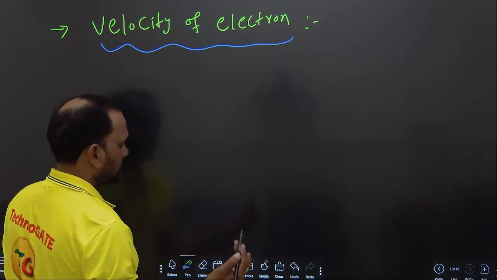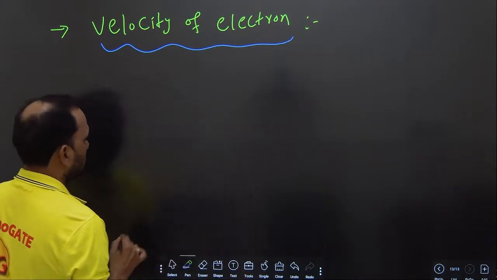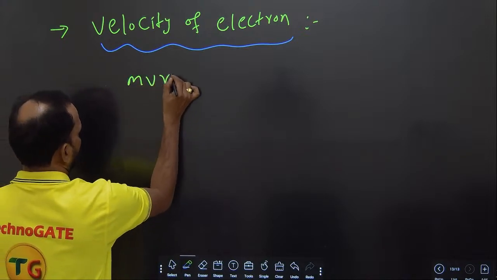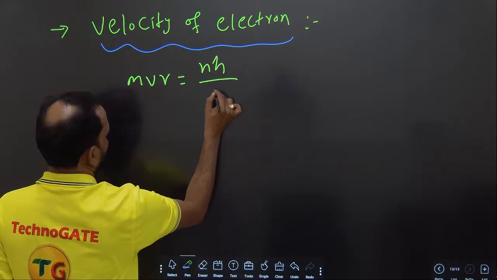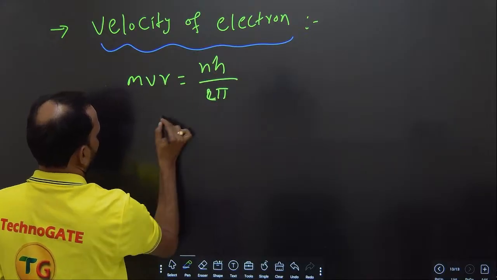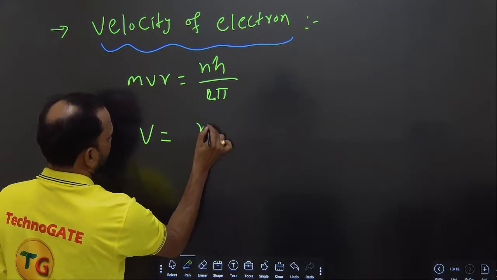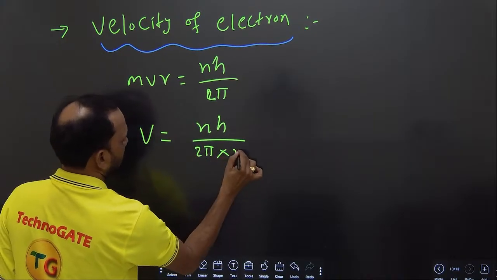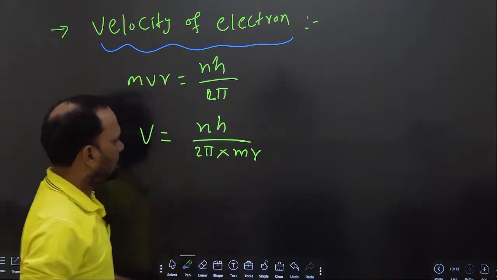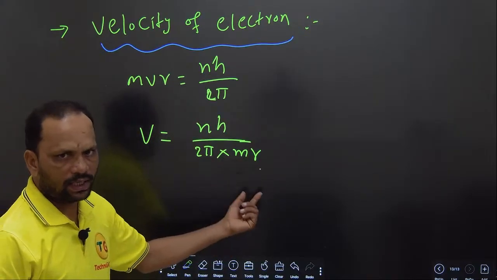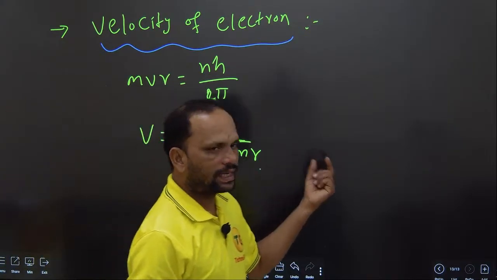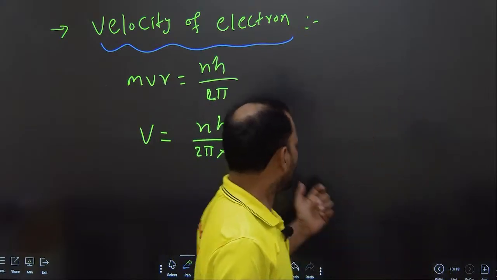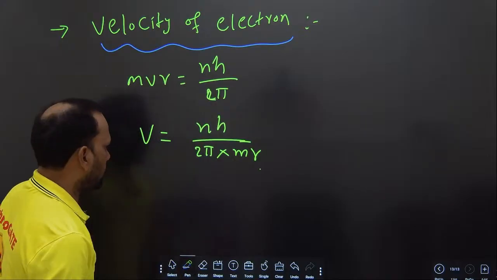There is one formula, but the derivation is not required. Already we know that mvr is equal to nh by 2 pi. So v is equal to nh by 2 pi m r. Here r is n square h square epsilon by pi m e square Z. If we substitute in this equation, we will get one equation.